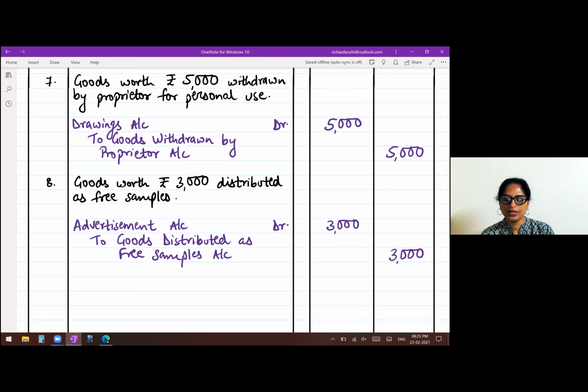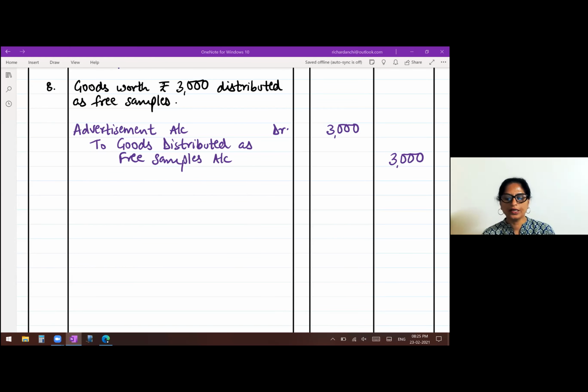Okay, now the next 3 transactions are all related to insurance of goods. So you will see how they differ. Though they are all related to insurance, how they differ. Now, first one here, 9th one, uninsured goods worth rupees 8,000 destroyed by fire.